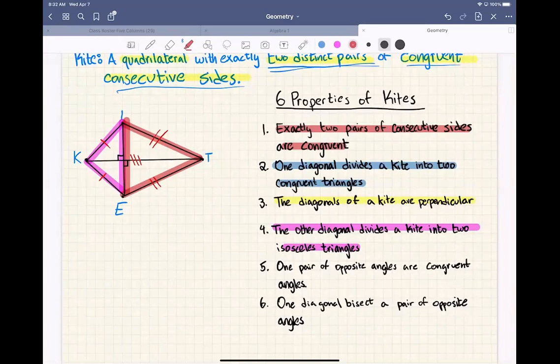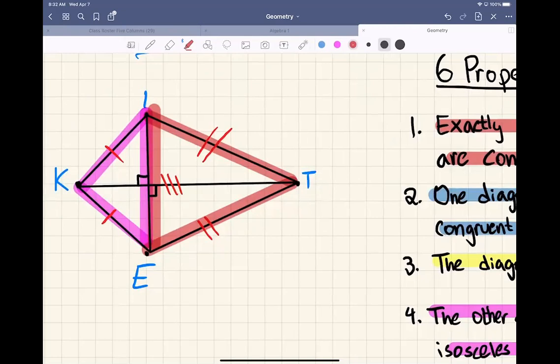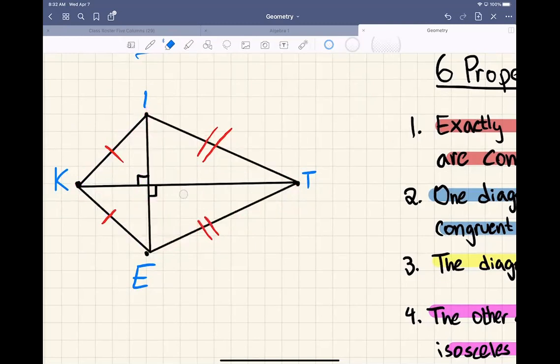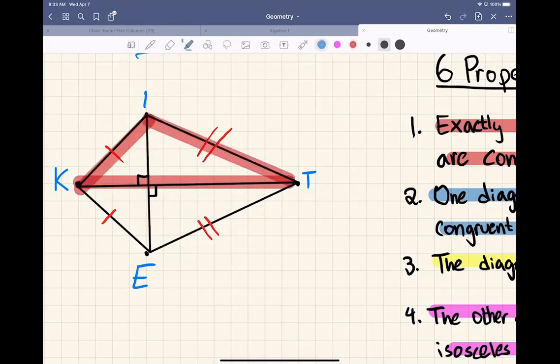The 5th property is 1 pair of opposite angles are congruent. So by the rule of corresponding parts of congruent triangles, and the fact that these are congruent, we know this line cuts this in half, and these 2 triangles are congruent.